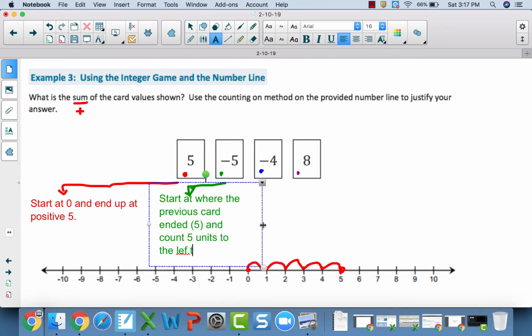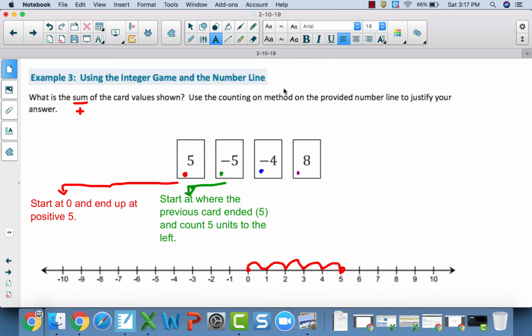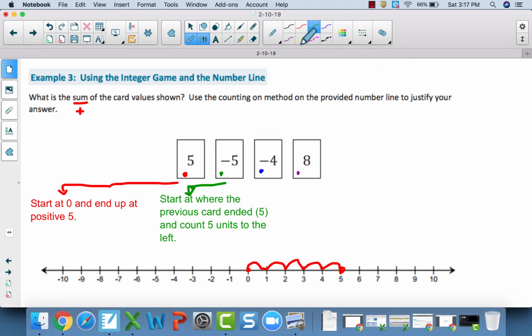So I am going to start at where the previous card ended, which is at 5, and I'm going to count 5 down or to the left. So I'm here, 1, 2, 3, 4, 5. It seems like I'm back at 0.